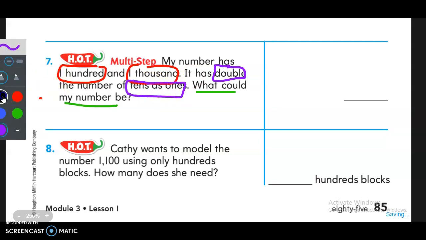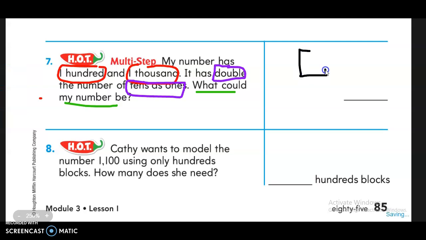So now all you have to do is draw or write what you have read. So I have 100, 1,000, which is 2 squares, and then connect the edges. And double tens as ones. So I can start with a 1. And now what's double of 1?